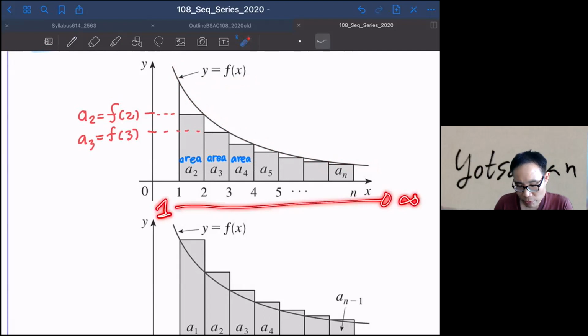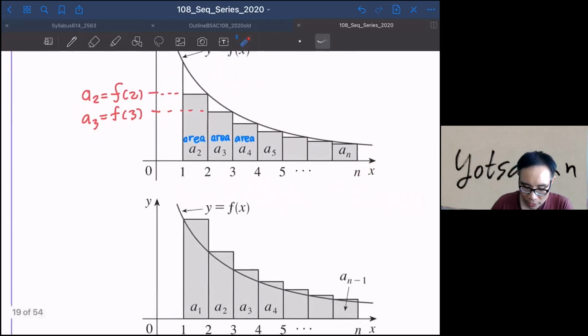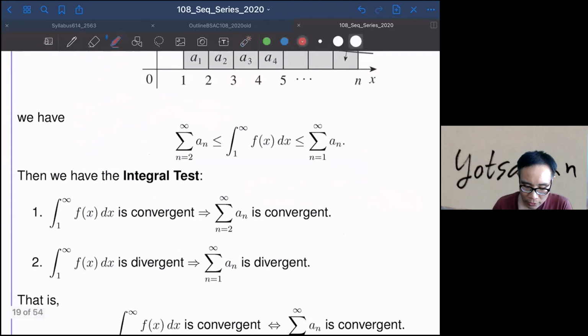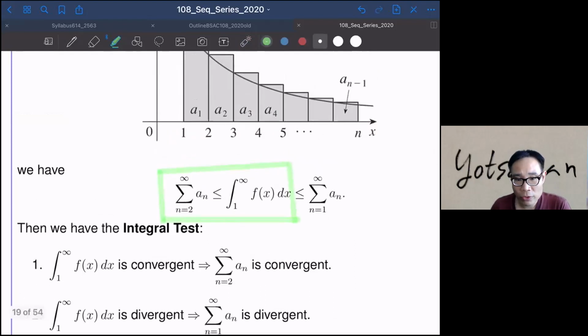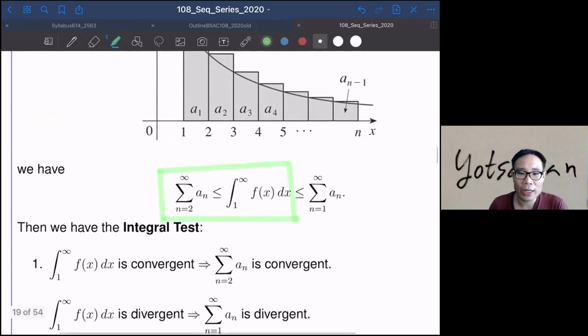And you see that you have a_2, a_3, a_4, and a_n, and so on. So you get the first inequality: the sum from n equal to 2 to infinity is less than the integral from 1 to infinity of f(x).